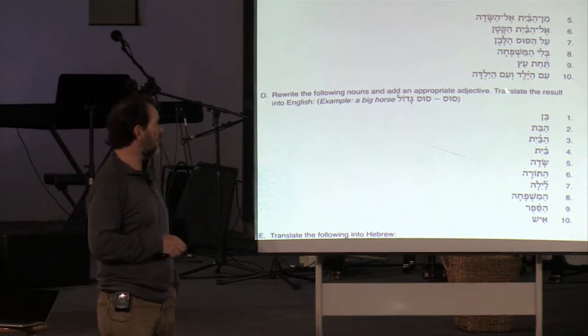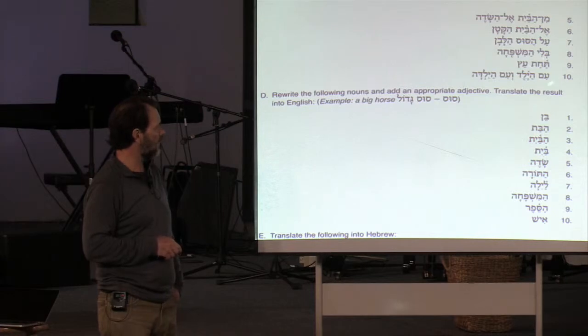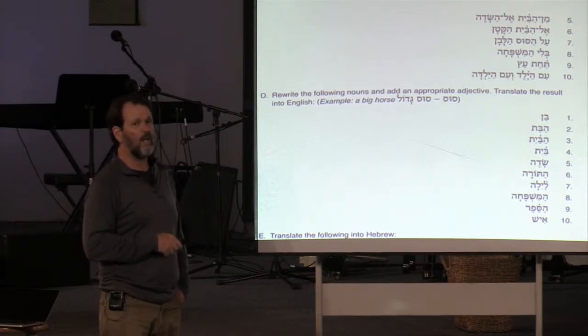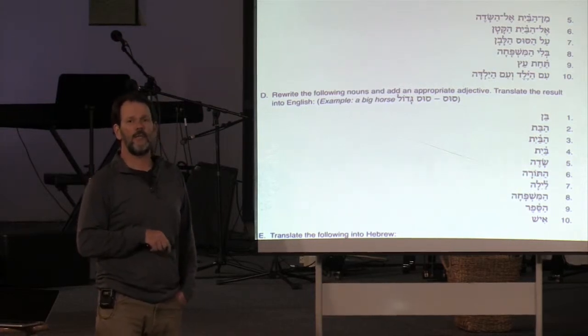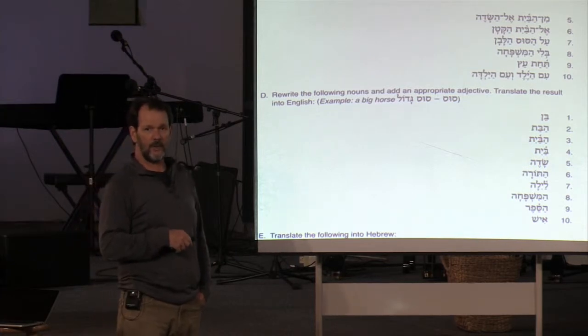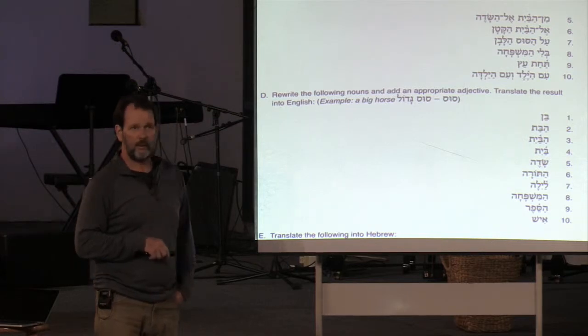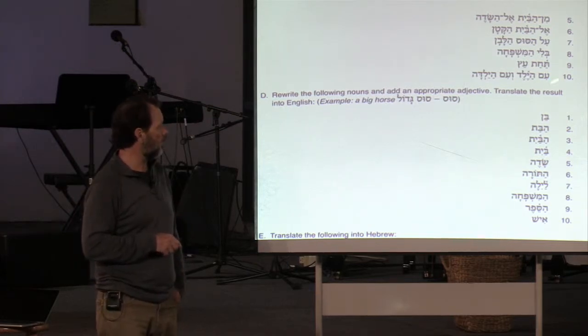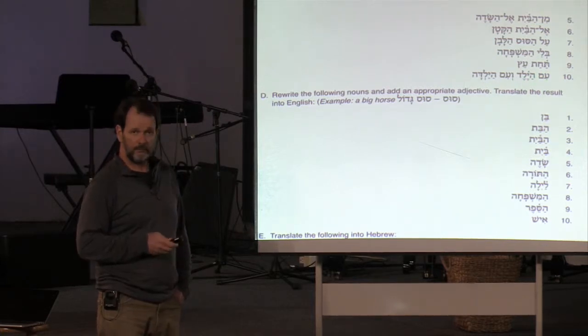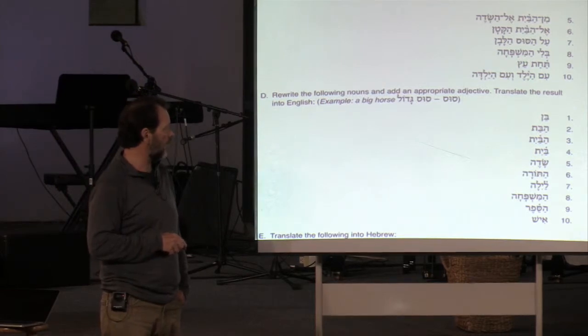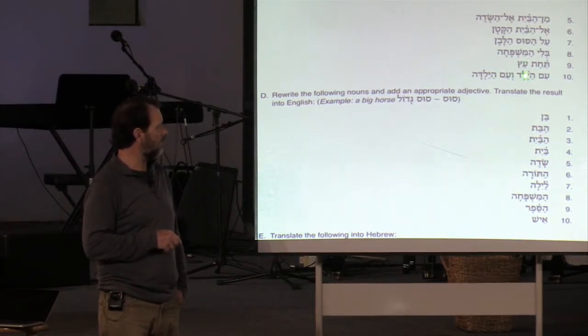Okay? Then now let's go to this one. Im hayeled ve'im hayaldah. Let me slow it down, but you want to get to the place where you're actually saying it as fast as you can. Im is with. Let's look at the next word, hayeled, the boy. Vocabulary word, the boy. Ve'im, which is and with.